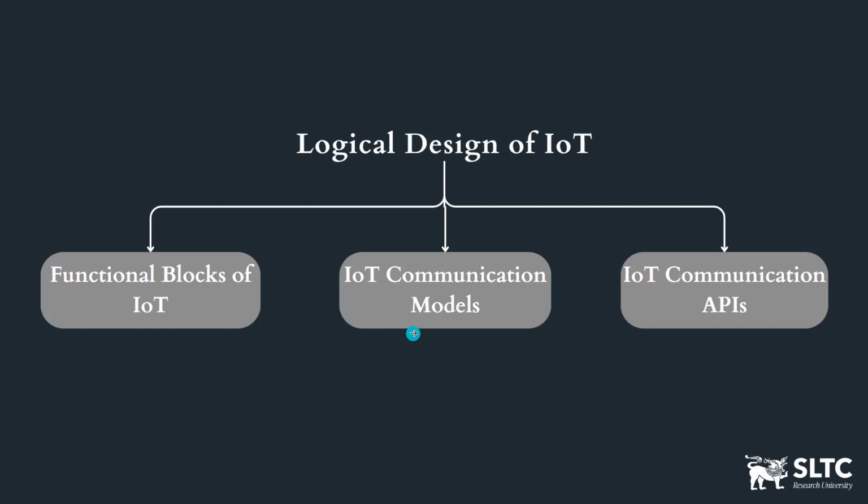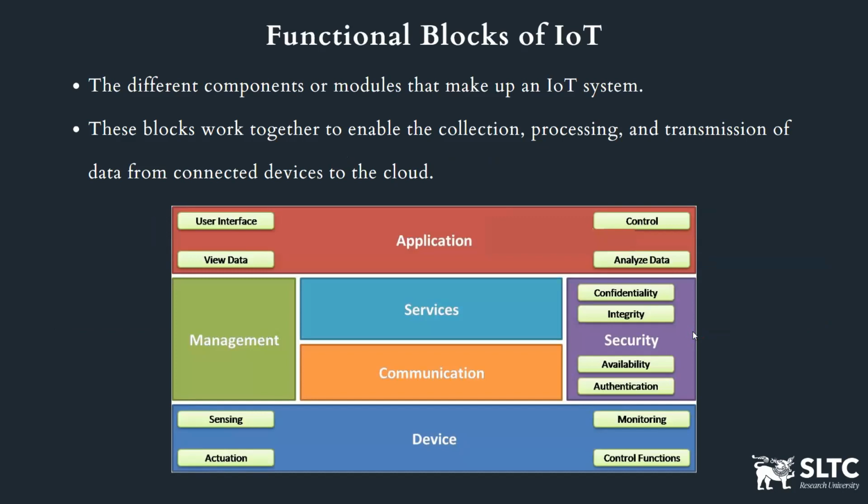Then IoT communication models: the general communication methods that can be used for an IoT network are considered here. Thirdly, IoT communication APIs, application programming interfaces that can be used for the IoT network. We will discuss them one by one. I will give an idea very briefly.